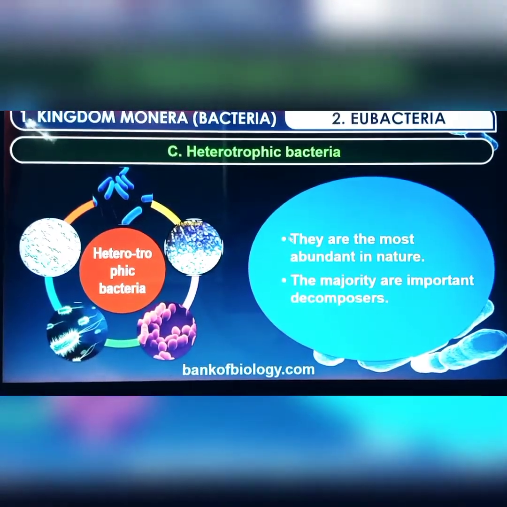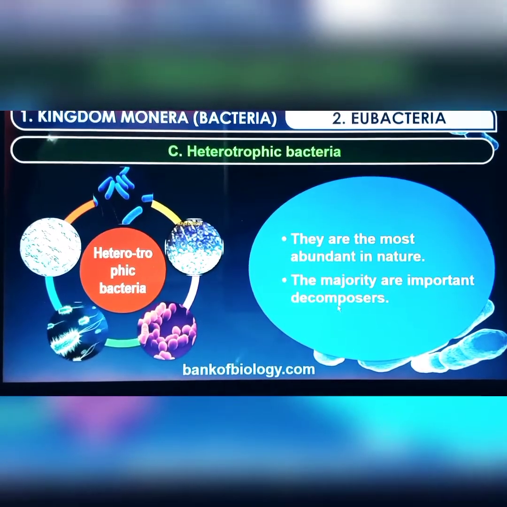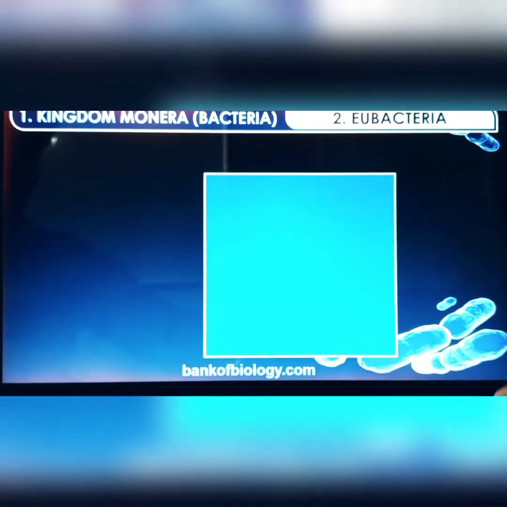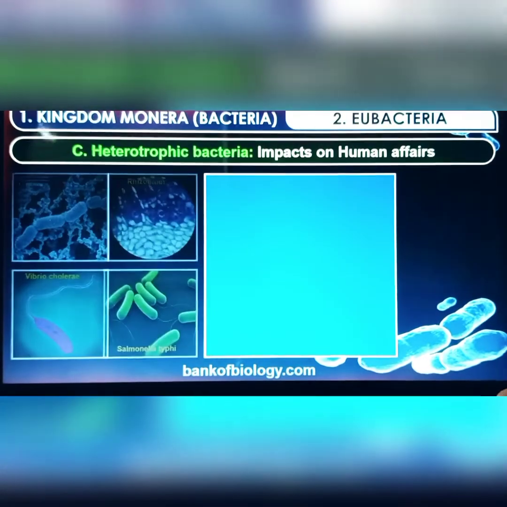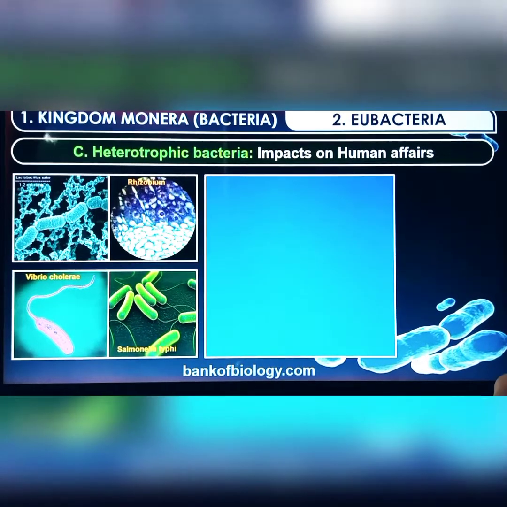They are most abundant in nature. Actually, they are used in the majority, and they act as decomposers in nature. They can decompose dead and decaying matter, dead and decaying animals, and are also known as the cleaners of our environment. So what are the impacts of heterotrophic bacteria on human affairs?